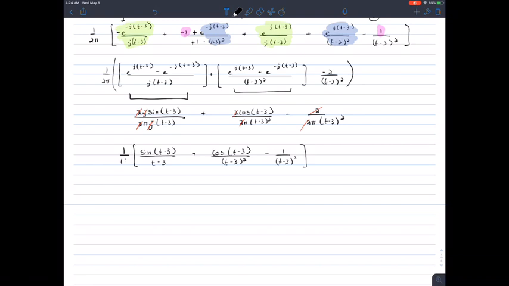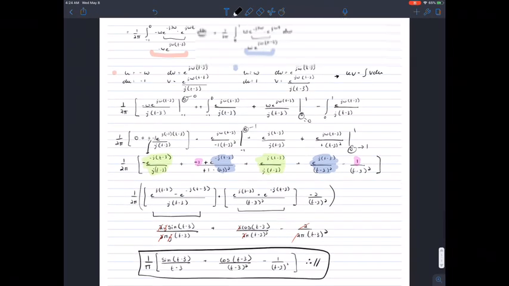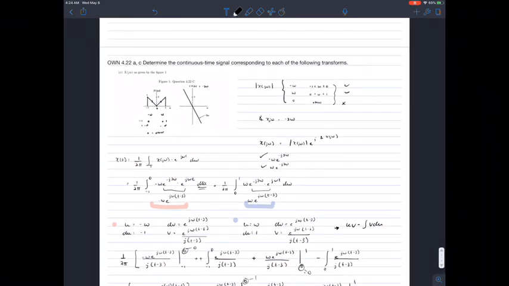And then I factored out the 1 over pi to make it the most simplest form. And guess what? You are done with the awful integration by parts. Okay?